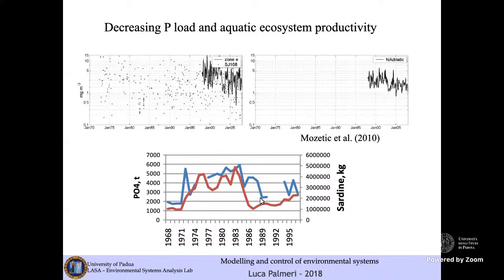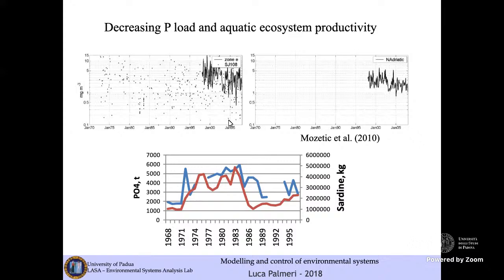here, you have the concentration of sardines. Sardine is a small fish that is the basis of a trophic chain for salt water ecosystems like the Adriatic Sea.